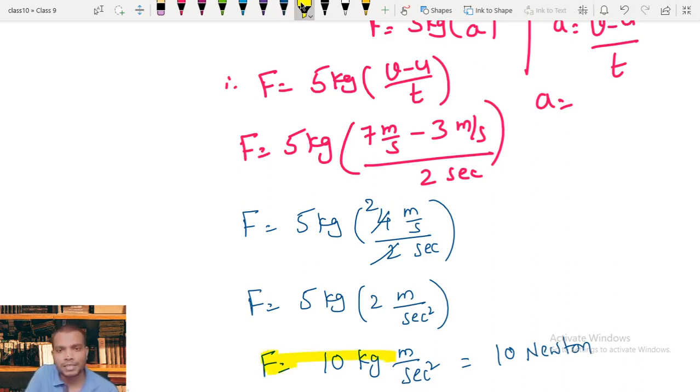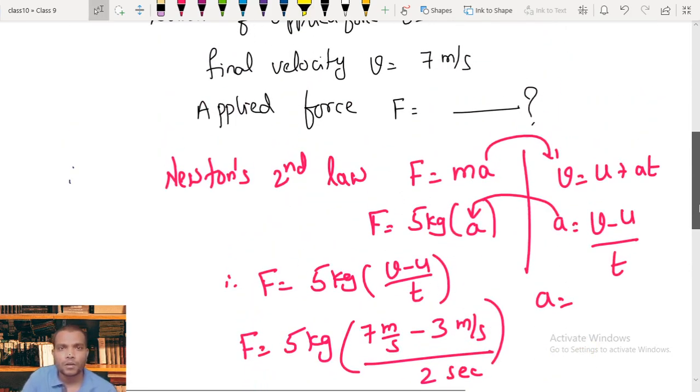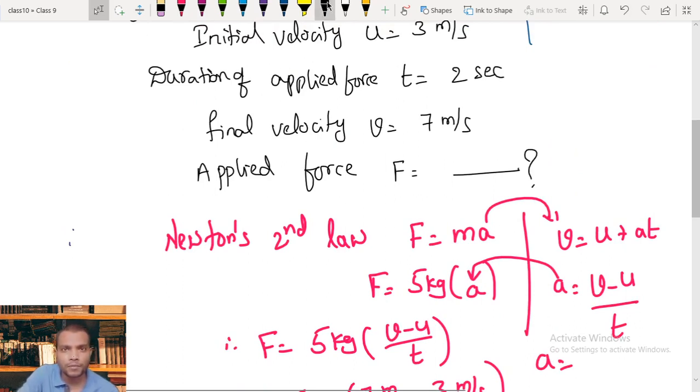Kg meter per second square is known as newtons. So simply we write 10 newtons. This is the applied force: applied force equals 10 newtons.